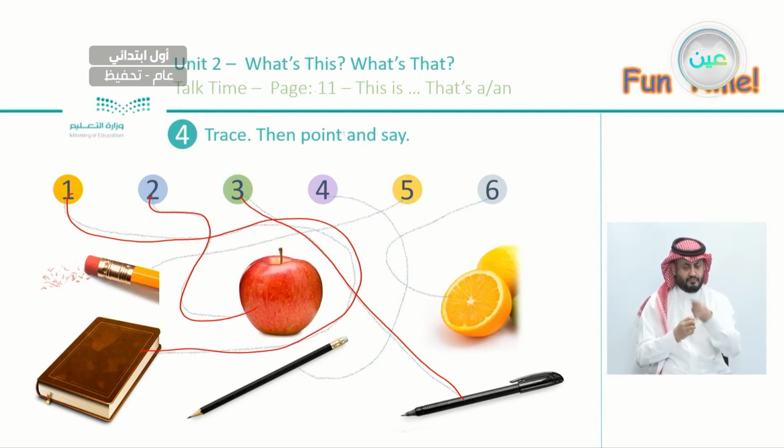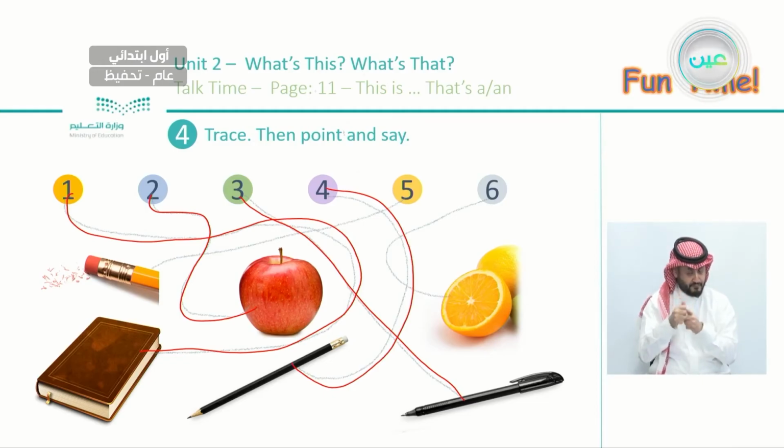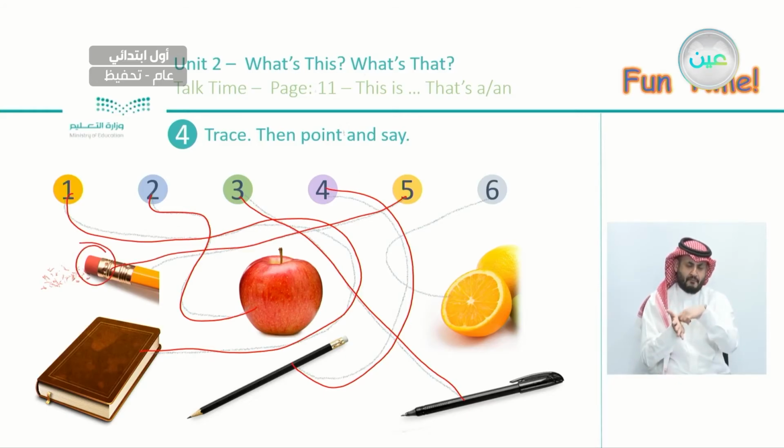Number 4. Go down and reach this. What's that? It's a pencil. Excellent. Okay, number 5. Where is it going? Yes, going here. What is this?